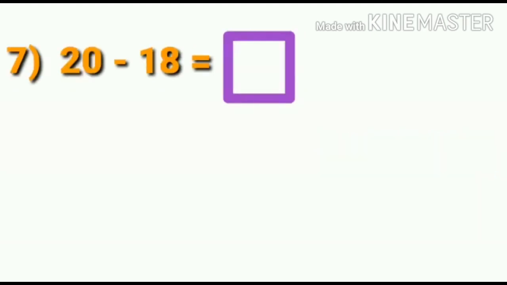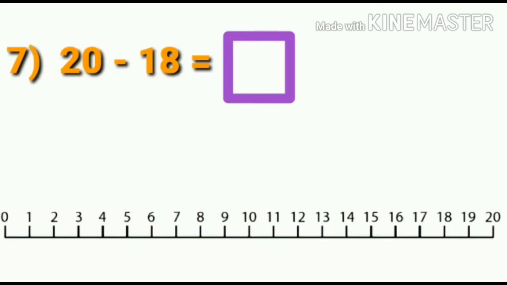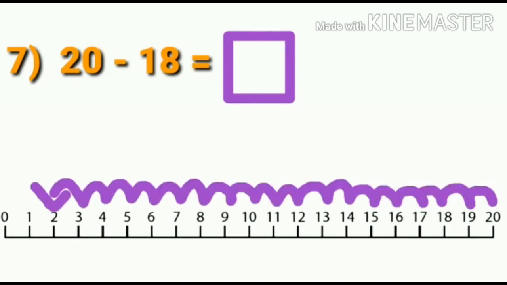Let us solve our next sum. 20 minus 18 is equal to, let us find out. Here we will be using our backward method. So let us start jumping backwards from number 20. 1, 2, 3, 4, 5, 6, 7, 8, 9, 10, 11, 12, 13, 14, 15, 16, 17 and 18.